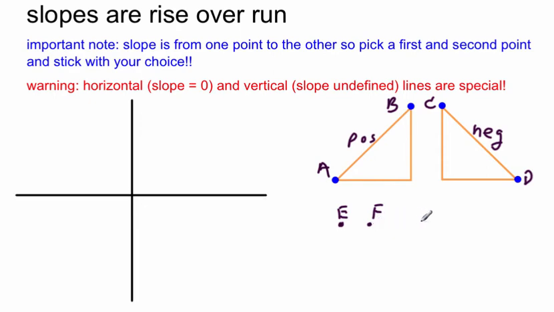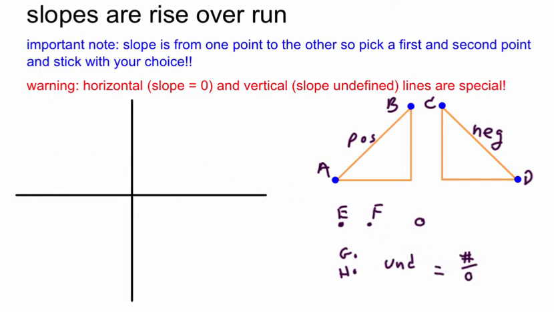So in this case we'll have a slope of 0. And sometimes we'll even have 2 points that are above each other, maybe G and H. And in this case we have an undefined slope. There is no run for us to divide the rise by. So we actually end up with a number compared to 0, which is undefined.